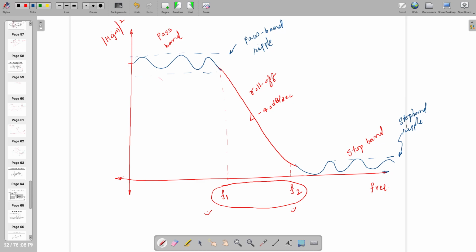So that limit should have been given to you, how much passband and stopband ripples are allowed, what is the roll off, or it will be given in terms of f1 and f2. And when somebody is asking or writing this statement, design a second order filter with the following specs.